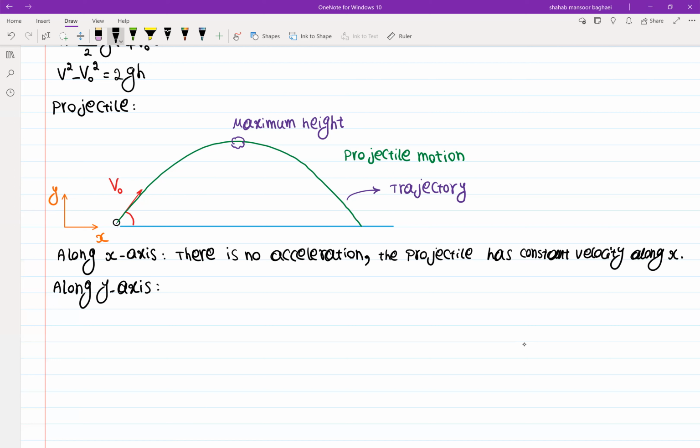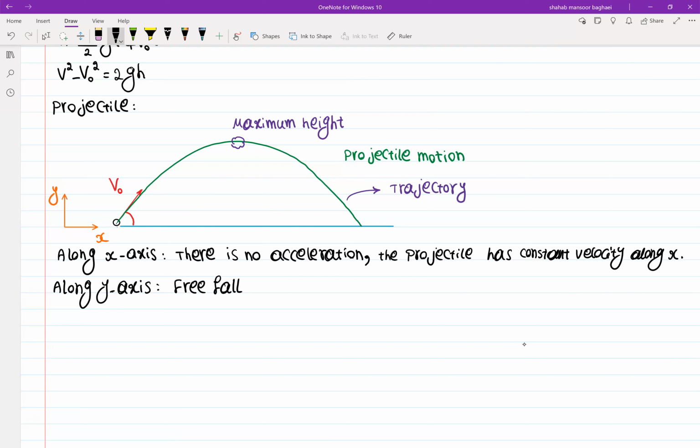It means here you have gravity or you have acceleration. And we discussed it before. I mean, if you have vertical motion affected by gravity, it is called free fall. Therefore, here you have a free fall or you have a falling object. Consequently, projectile motion is a combination of a constant velocity along x and free fall along y.